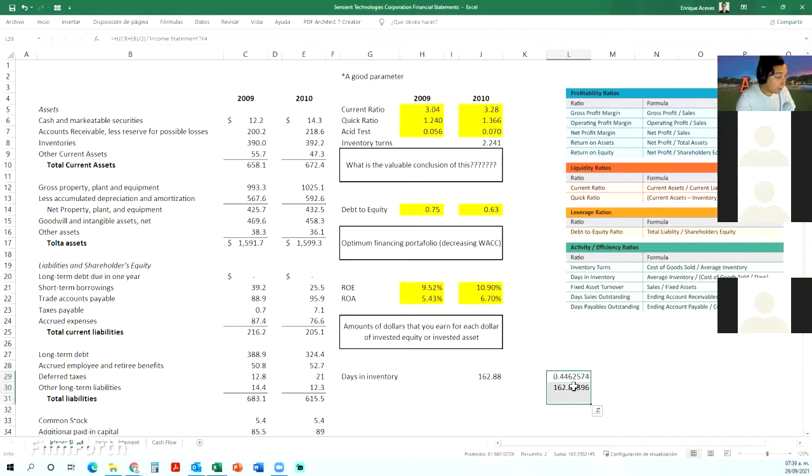So you have 162 days of inventory in your assets. That means that it takes you at least almost half a year to sell.